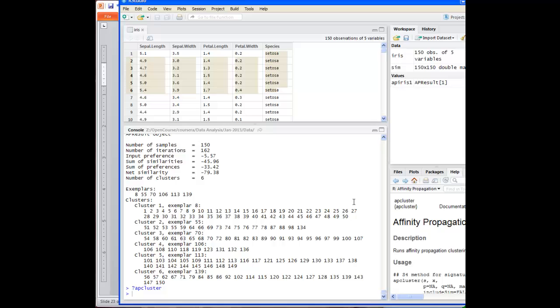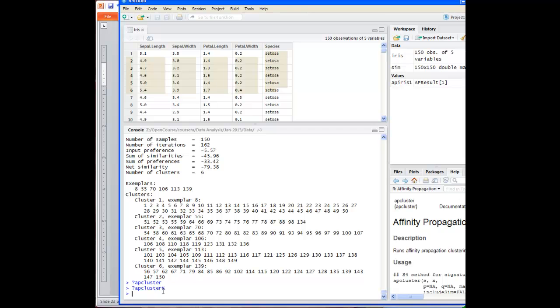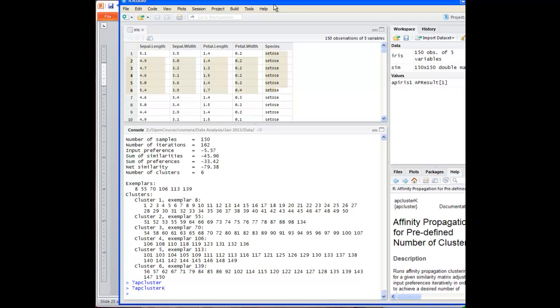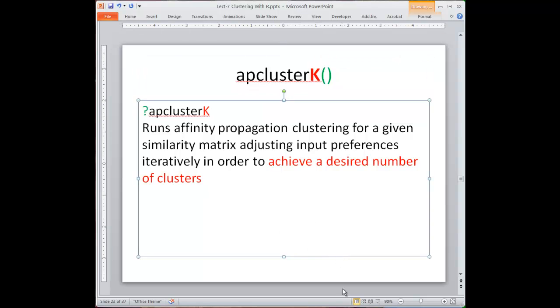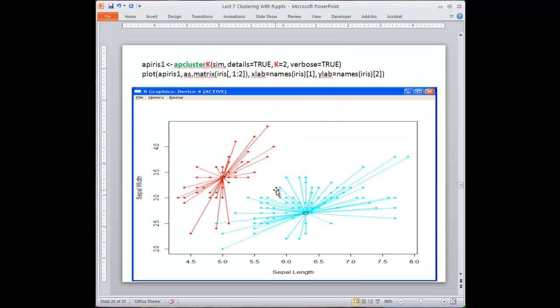AP cluster K. Yep, the C is not uppercase, the K is uppercase. It will calculate, and here I can control the number of clusters that I want. Here it is, APclusterK with uppercase K.